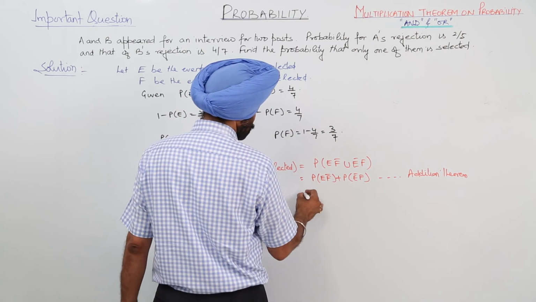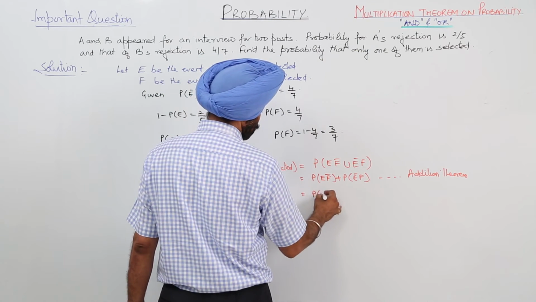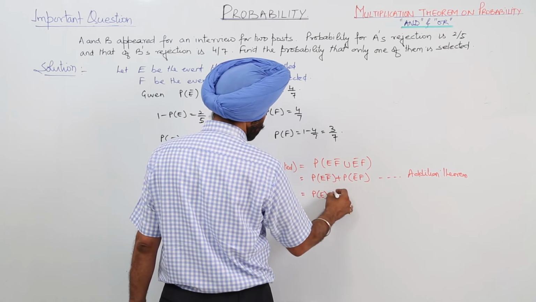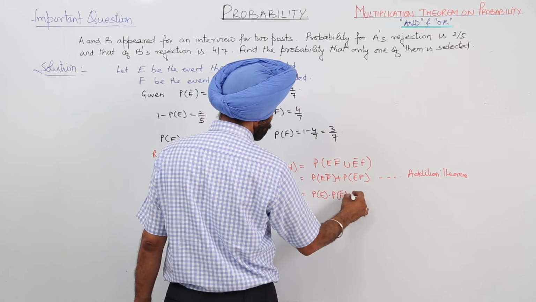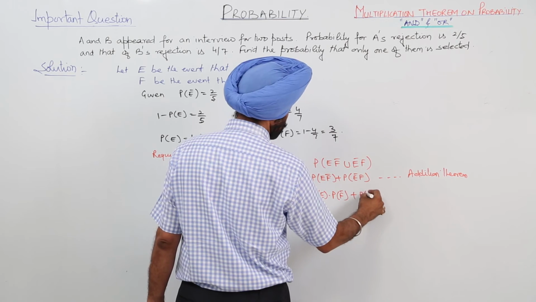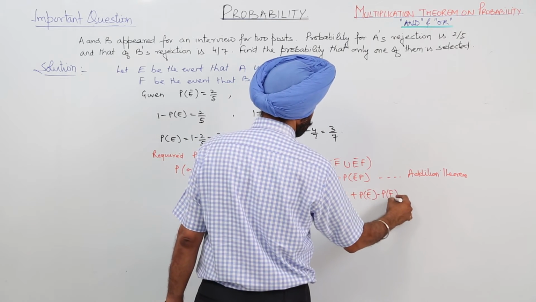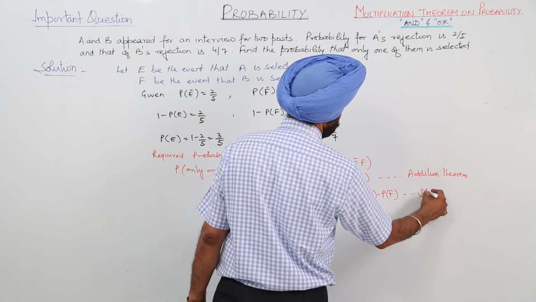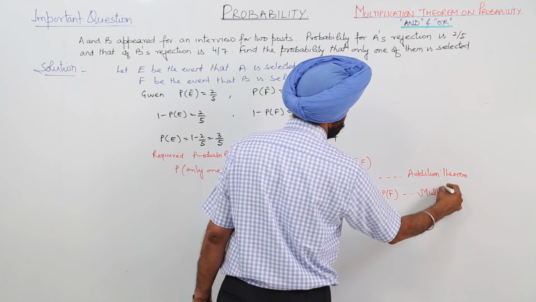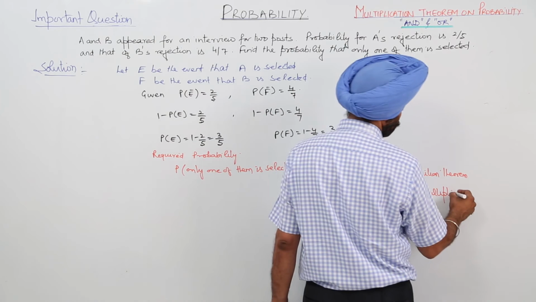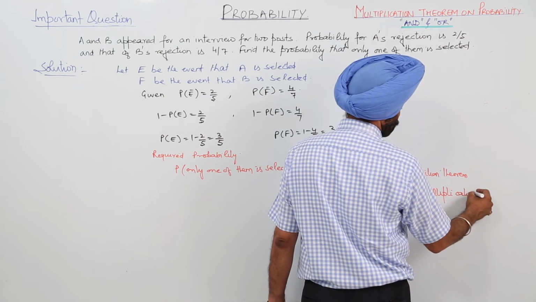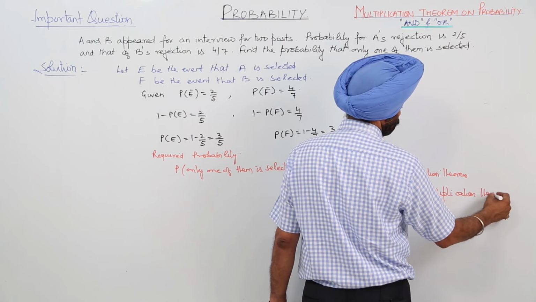Now, further to this we can write probability for E times probability for F naught plus probability for E naught times probability for F. Multiplication theorem.